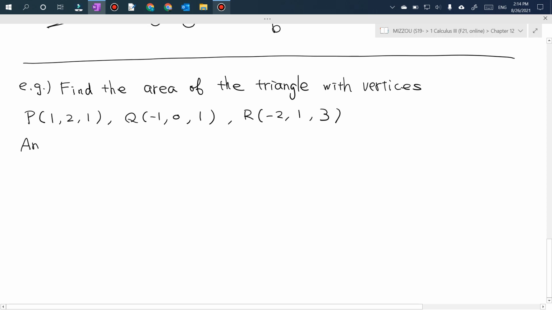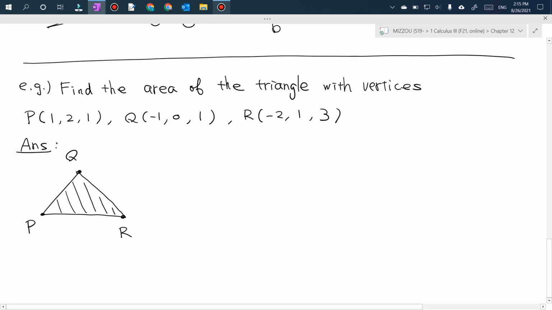Here's the answer. Suppose that our P is here, and Q is here, and then R is here. So this is a triangle PQR. Then we want to find the area of this triangle.